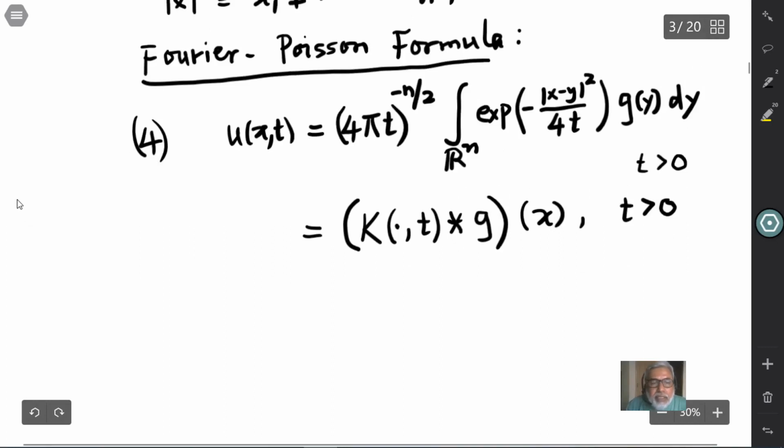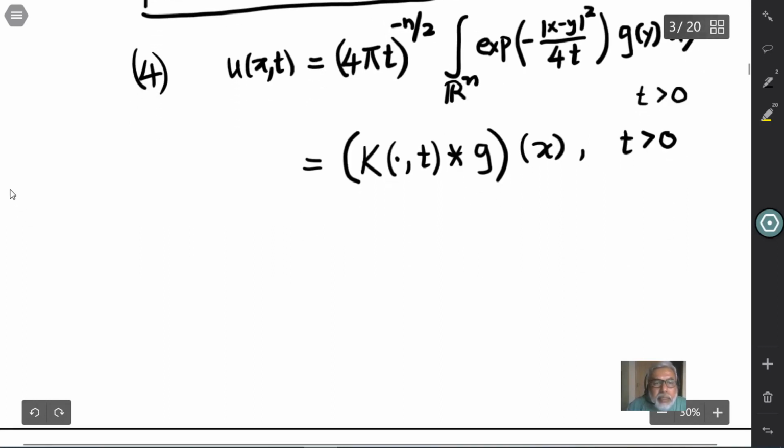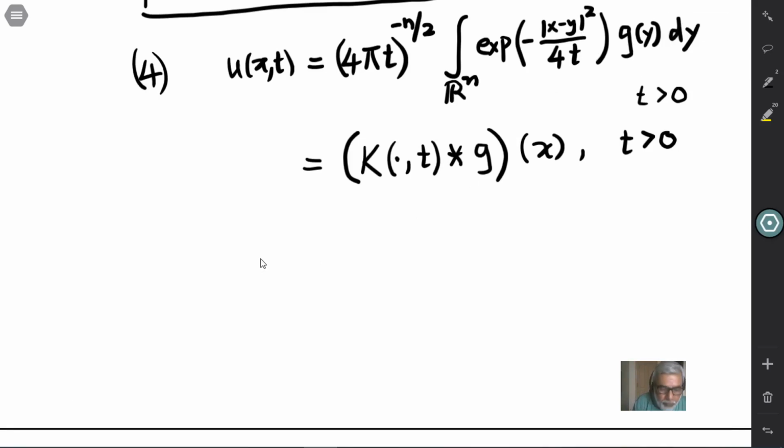The verification that u is indeed a solution of the heat equation, at least for some good function g, is exactly similar to the case n equal to 1. So let me just mention that.